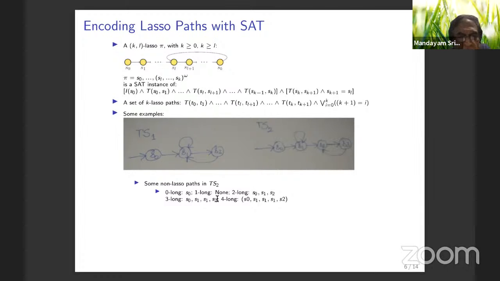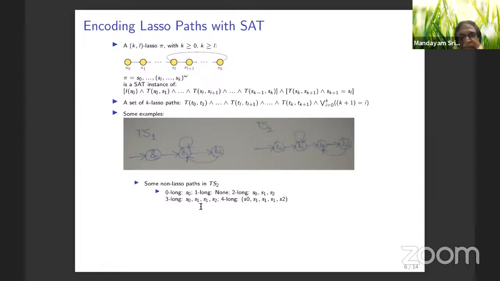So all these are non-lassoing paths in TS2, except the first answer, 1 long, which is wrong, because from S1 you can go back to S1, so that is there. The 2 long, S0, S1, S2, is not lassoing, because from S2 there's no successor that takes it back to one of the earlier states. So all these are non-lassoing paths for TS2.